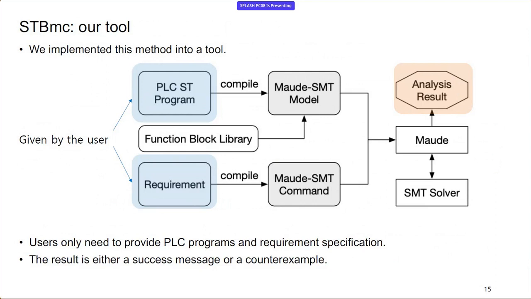Everything else is automated: we provide the semantics, the model is automatically compiled, and the requirement is also automatically compiled into the proper search command I just explained. Users then get the analysis result, which is a success message or a counterexample.